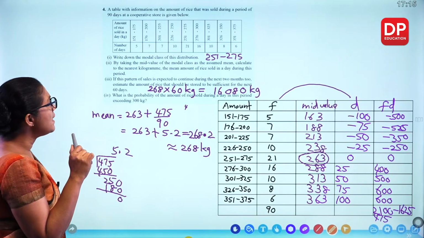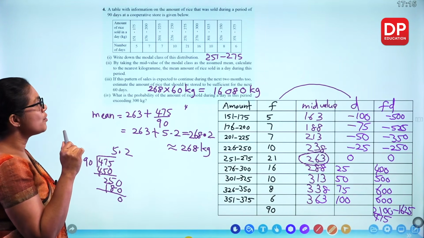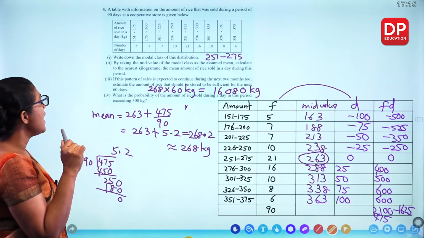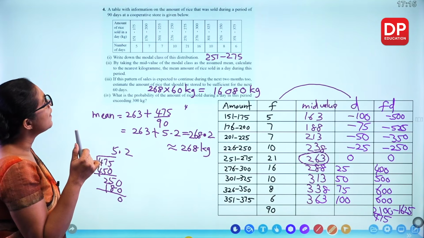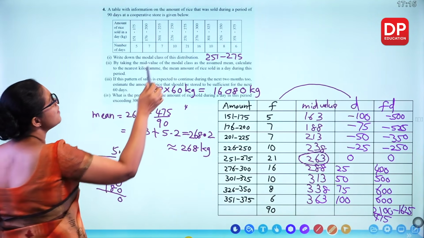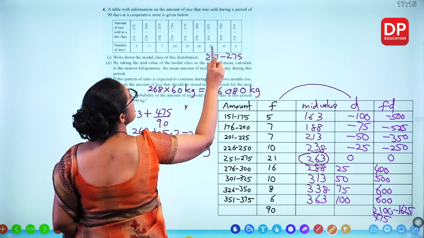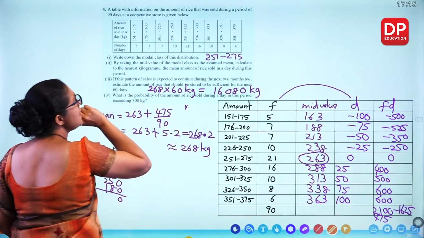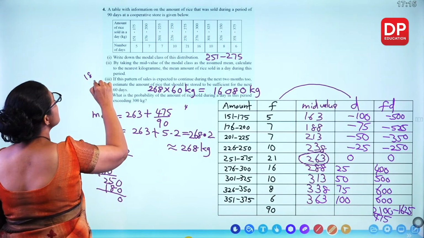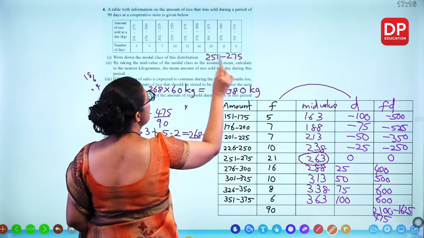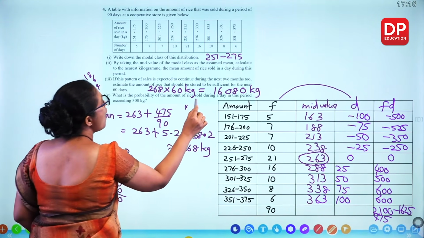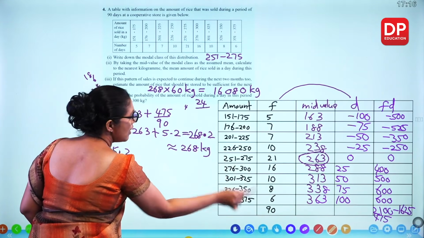What is the probability of the amount of rice sold during a day in this period exceeding 300 kilos? Look at the table. Exceeding 300 means this number: 10 plus 8, 18. 18 plus 6, you get 24. So 24 out of 90.